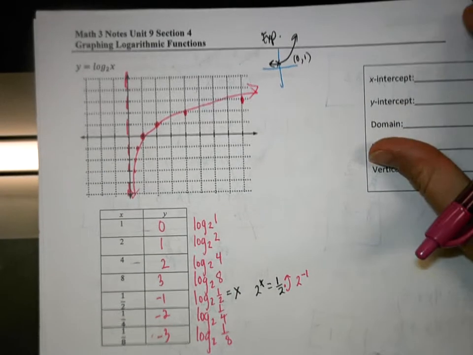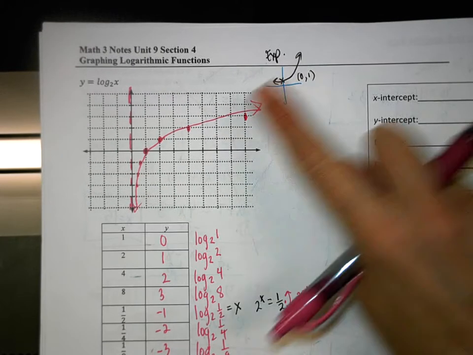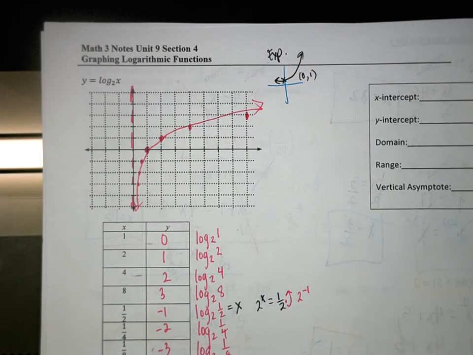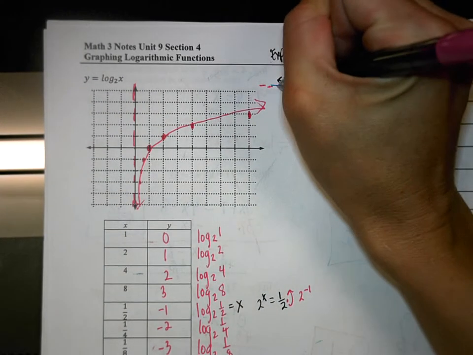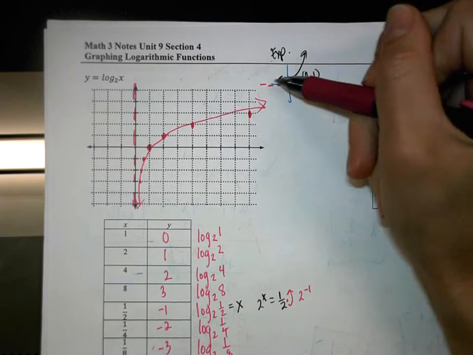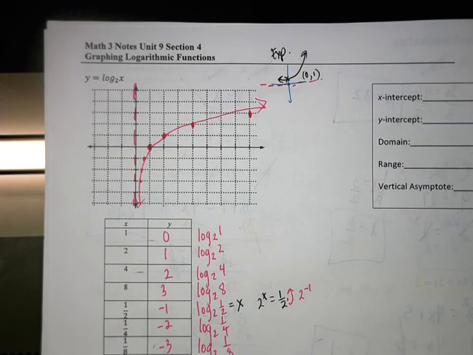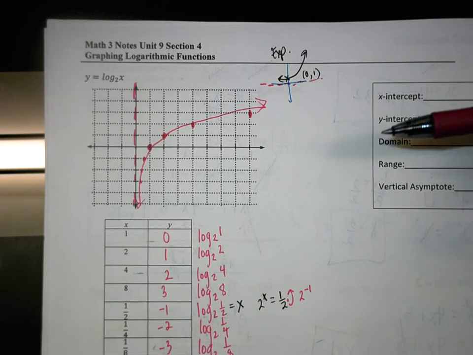So what is different or similar between my log function and my exponential function? On my exponential function, we had an asymptote here. Remember how it got closer and closer to the x-axis and then shot up that direction. So, similarities.